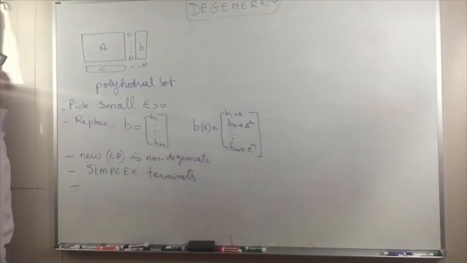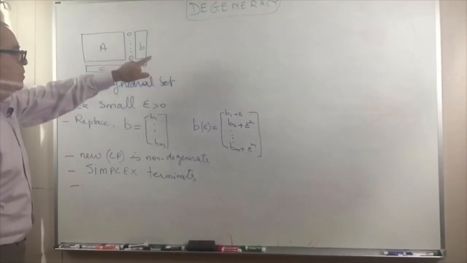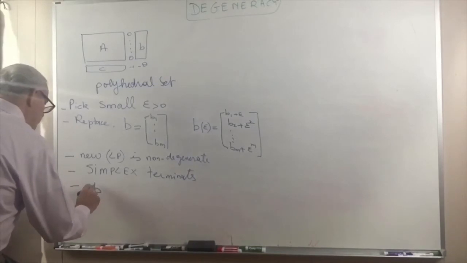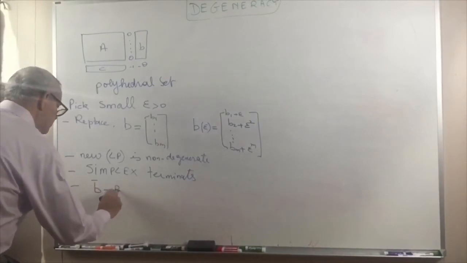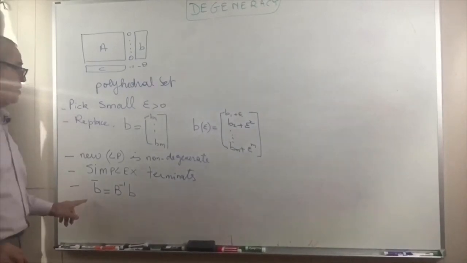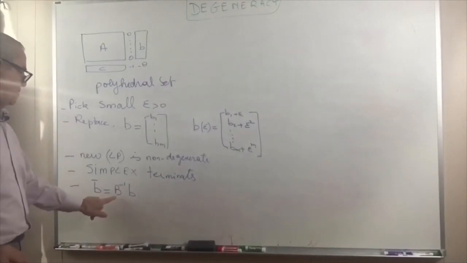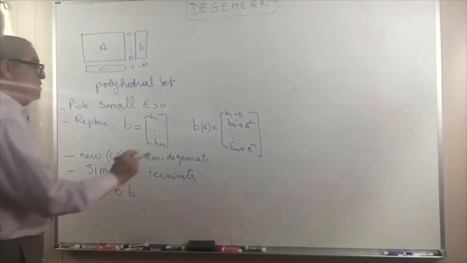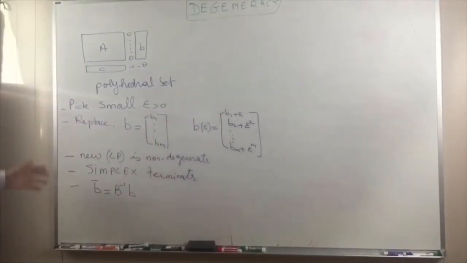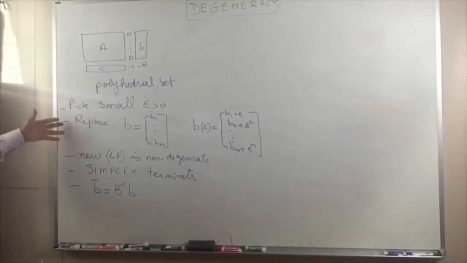Now I need to solve it with b, without the epsilon. And remember, b bar is just b inverse of b, the right-hand side without the epsilon. And the b inverse, we got it from the simplex using this right-hand side. So this is a way of getting over degeneracy. We're going to prove that this is true.